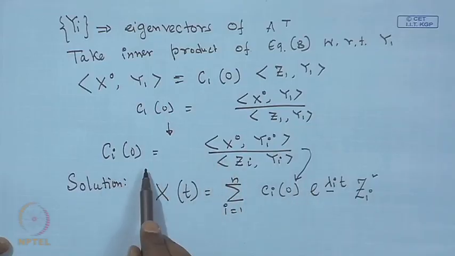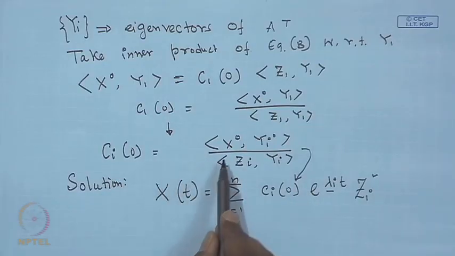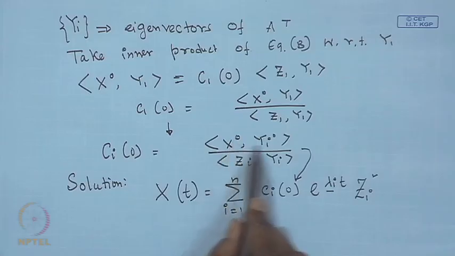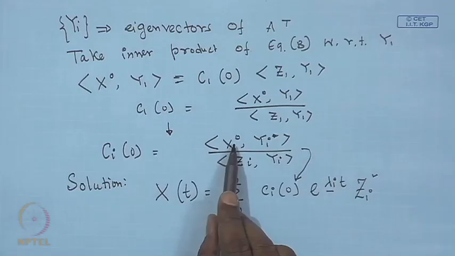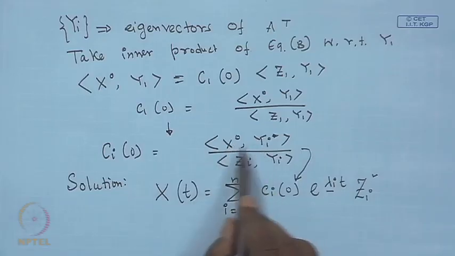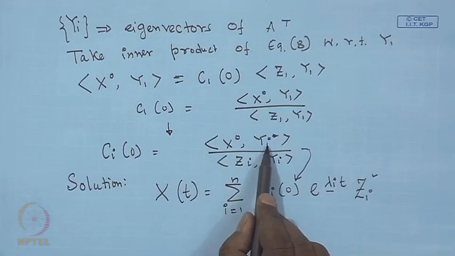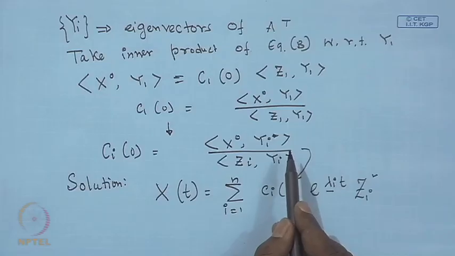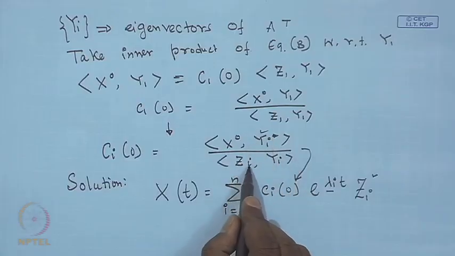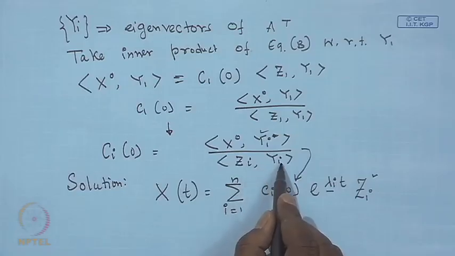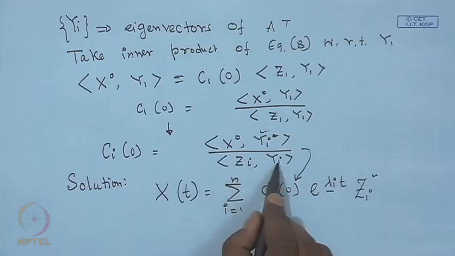And if you look at the expression of c_i0, this is the inner product of x_0 and y_i. So, x_0 is known to us, that is the initial value vector, and y_i is the eigenvector of A transpose. We have already found the eigenvectors of A transpose, so this is known to us. z_i are the eigenvectors of A, y_i are the eigenvectors of A transpose, so they are known to us.